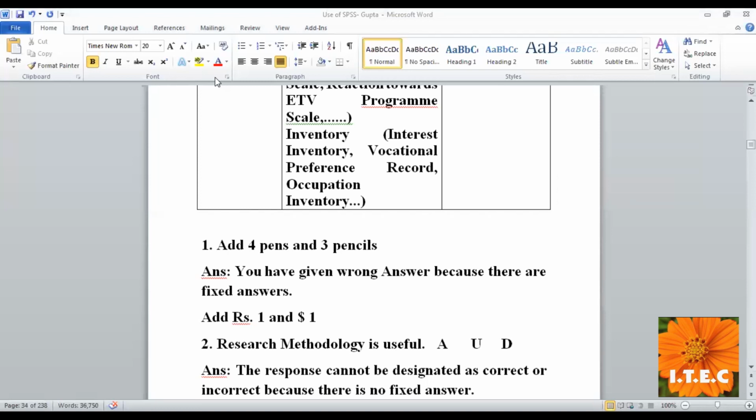Yes, you are right, Jyoti. So that means now, can you give me the answer of add 4 pens and 3 pencils? That means you can add only if they belong to the same group, same class, same category, and if they have the same unit. So now can you make the same group?